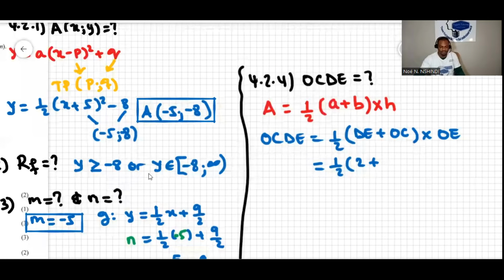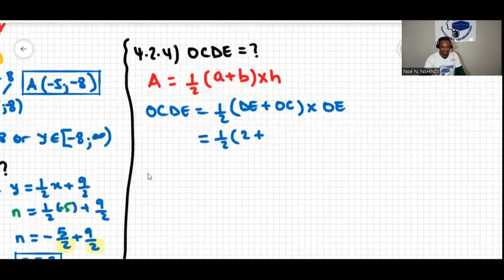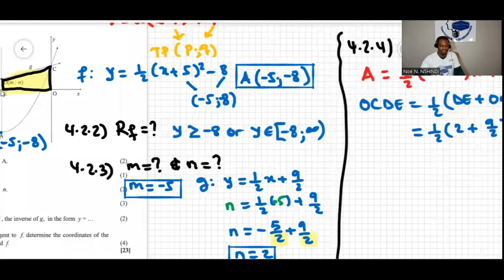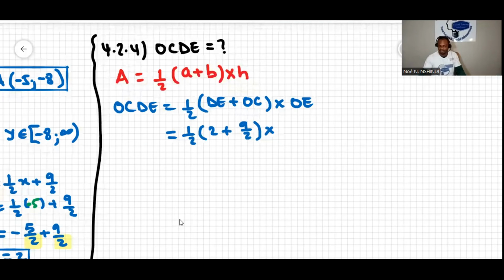So 9/2 units plus 9/2, multiplied by OE. OE is also at the origin, and because this is a horizontal line, we're going to consider only the x values. Here the x value is 0, and the other x value is m. m was found to be -5, but because it's a length, we're just going to take the absolute value, meaning the number without the sign. We're going to take 5, so this is going to be times 5.